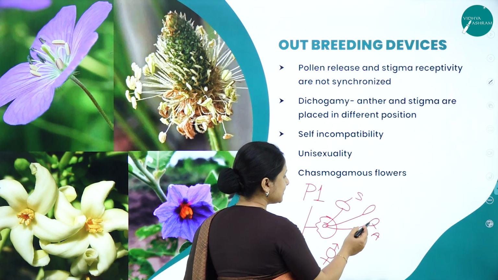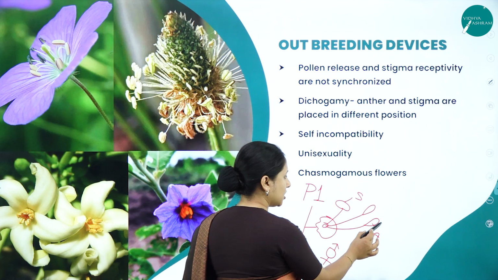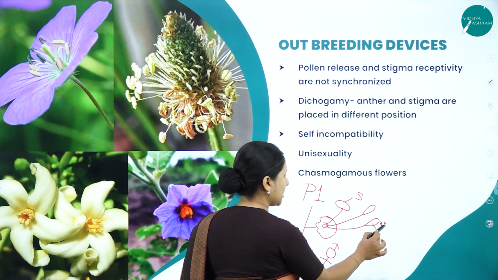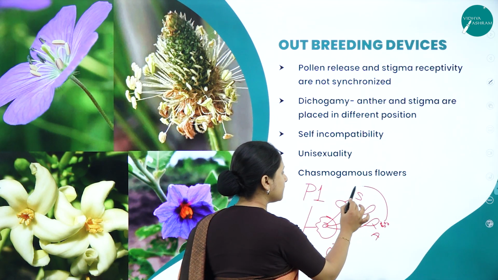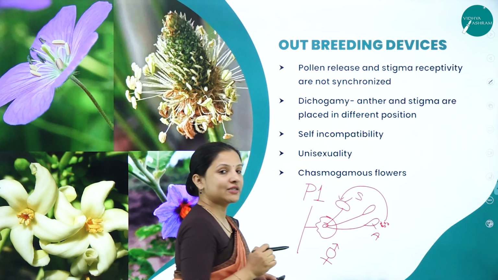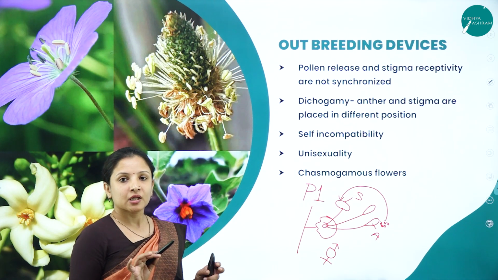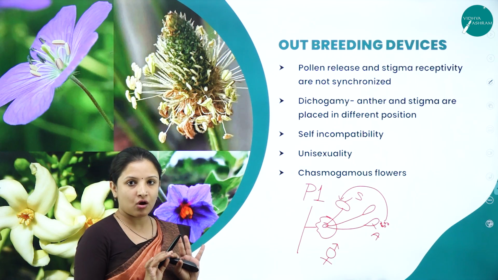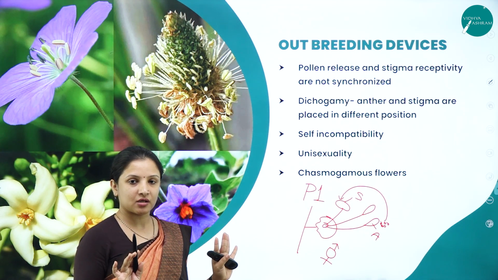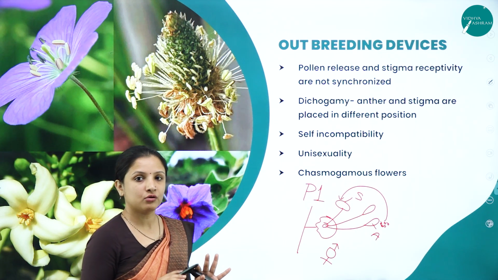Now, as soon as this anther sheds, the pollen grain can go and fall on the stigma. Now, if that happens, what will happen? Self-pollination will occur. But the plant's idea is, I should not promote self-pollination. I need only cross-pollination to occur here.